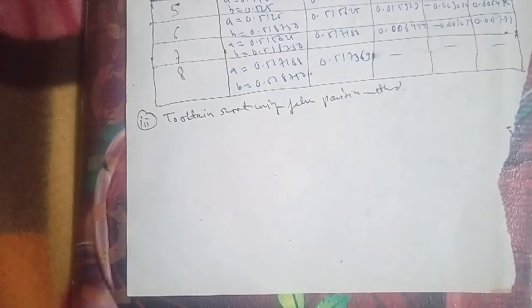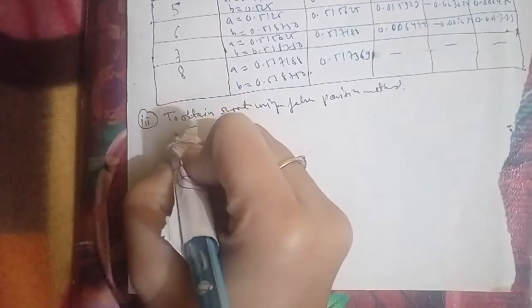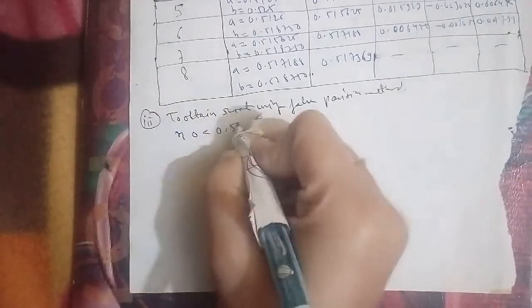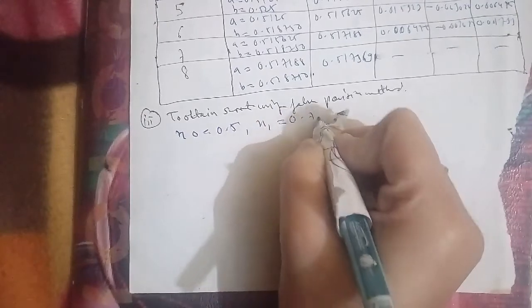On the same behalf, we know that the root lies between 0.5 and 0.6, hence let us take x0 equals to 0.5 and x1 equals to 0.7 as the initial approximation.